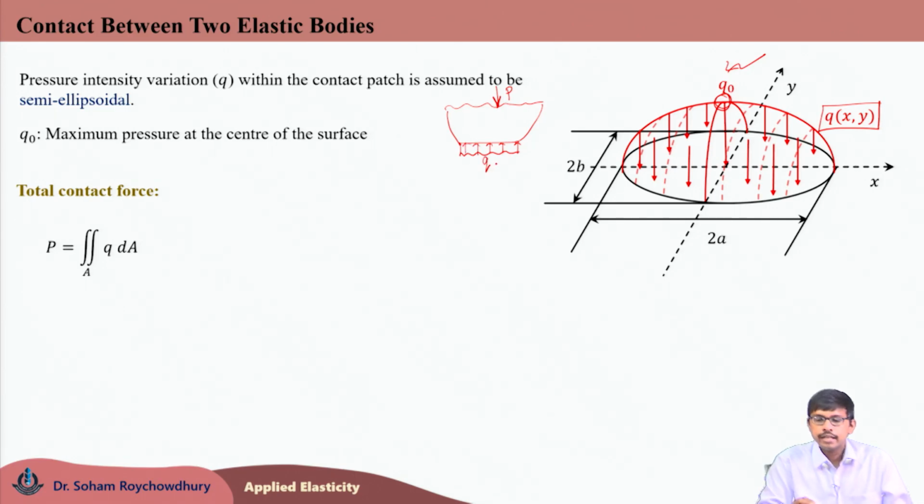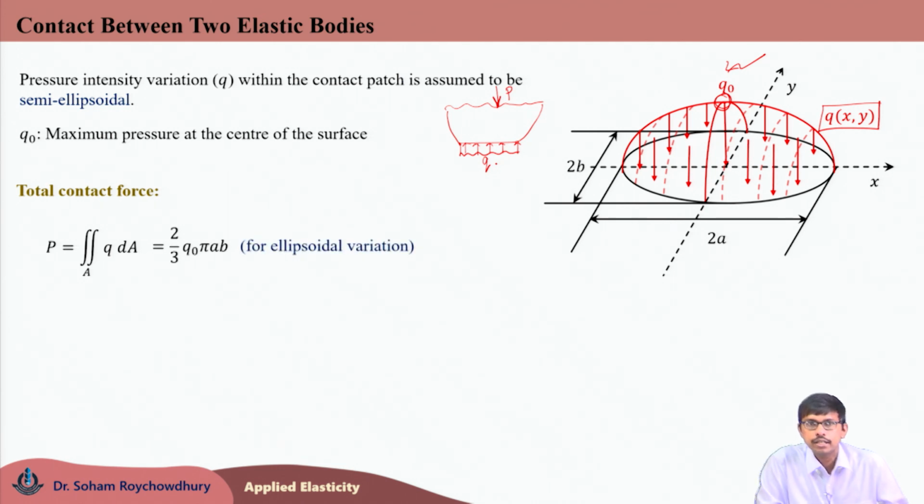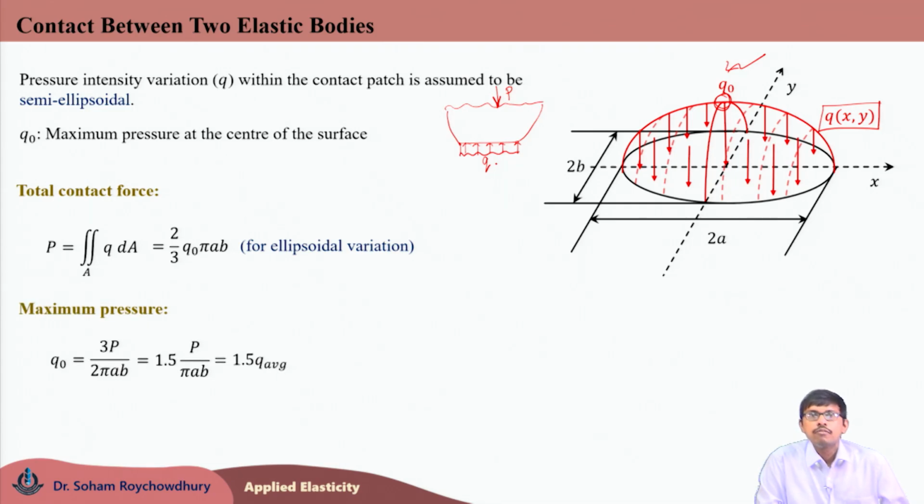So, q integrated over this contact area should balance the net compressive load P applied on the body. So, P equals area integral of q dA, and for ellipsoidal variation of q, this integral can be obtained as 2/3 q naught pi a b, and this maximum pressure q naught for this particular case can then be written in terms of P as 3P by 2 pi a b.